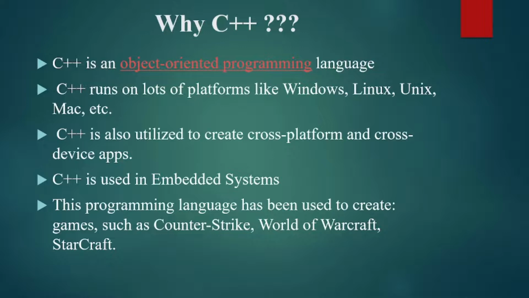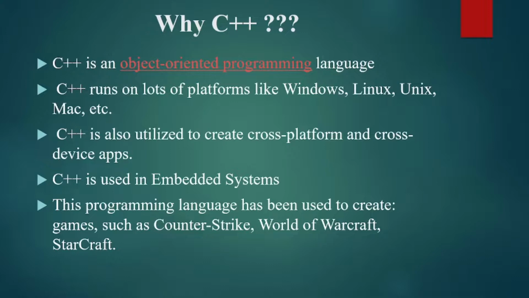So what does it mean? Cross-platform means that with one code you can run that code on multiple different devices that have different operating systems. Let's take an example. Suppose you have a device with the Android operating system, and at the same time you are working on an iOS device; both devices have different operating systems.